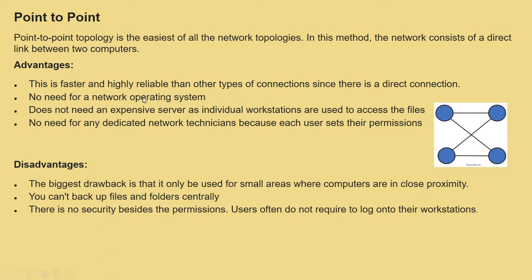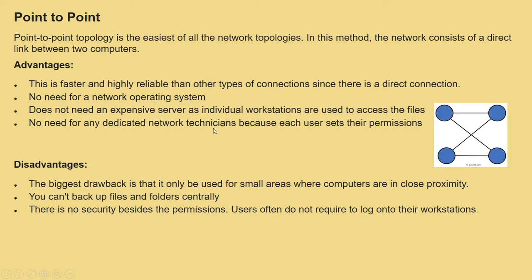No need for a network operating system means that in this point to point topology, any type of network operating system is not necessary for your computers. Does not need an expensive server means for this network we don't need any server concept. Individually, each and every system works as a single workstation. Then, no network technician is necessary to maintain your point to point topology.